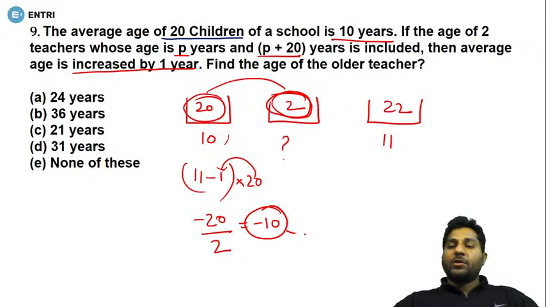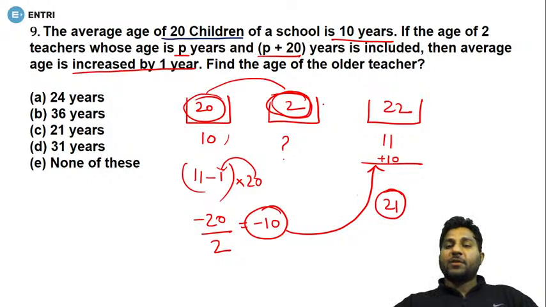So what we could do, yes, absolutely Nilesh, we will add this 10 years to the average, and that makes the value 21 years, the average age of these two persons.